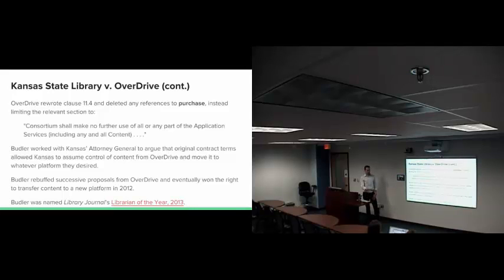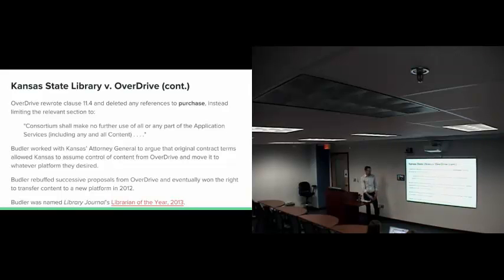So they went back and forth, and Overdrive sent a series of new proposals, none of which was ultimately acceptable. And eventually they conceded and said, okay, we'll give you all of the content, you can move it to a new platform. They put out a call for proposals and found a couple of new vendors, and they moved everything to those new platforms.